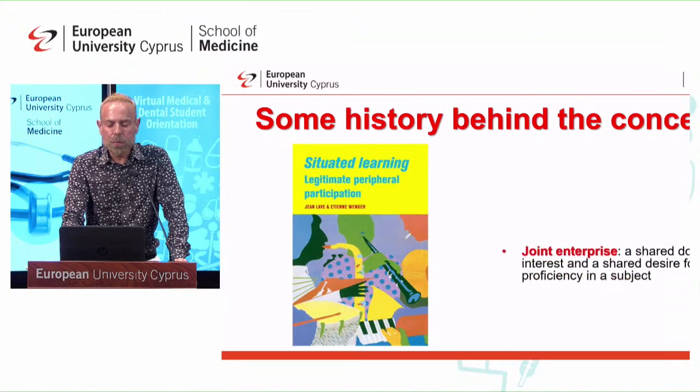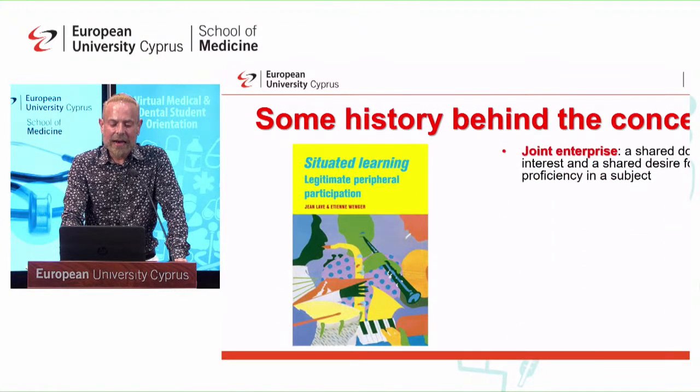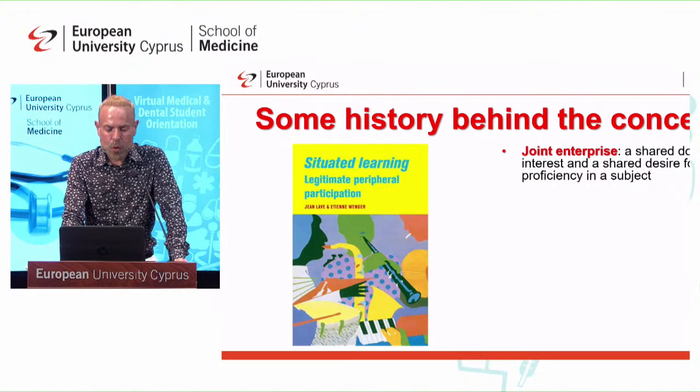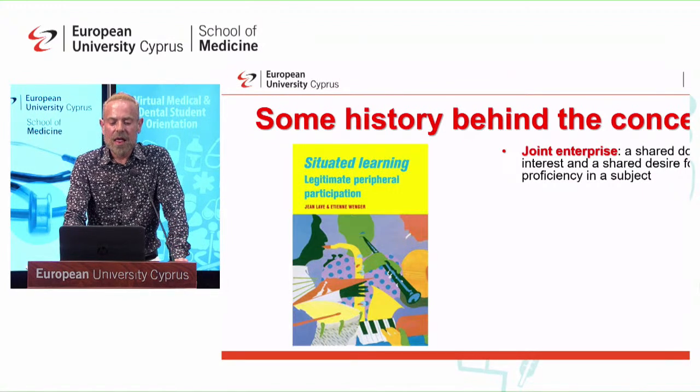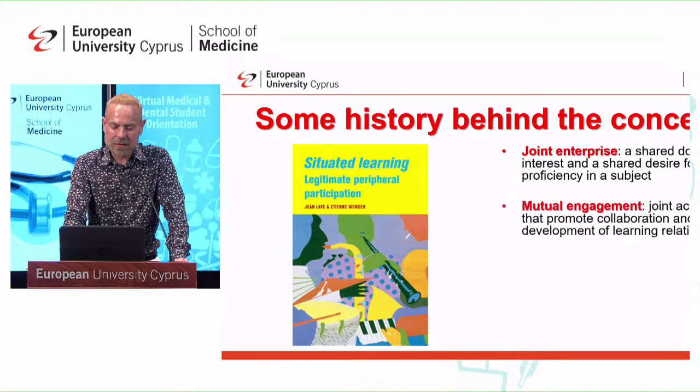And I'm not going to bore you, but in reality, this amazing book of situated learning showed that significant improvement can occur in management if the people perform in teams because they share the same desire and proficiency in any subject.